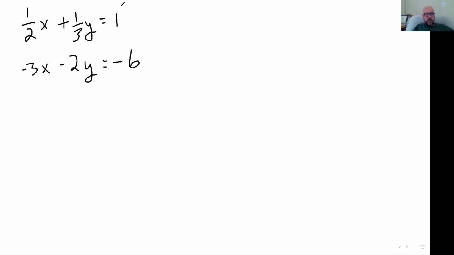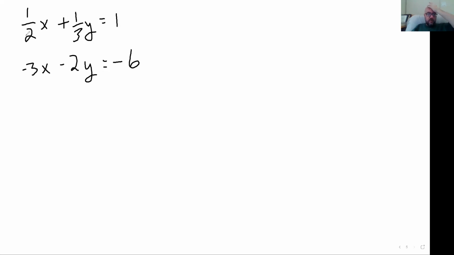Now, there's a few good options for what variable I would like to substitute for. But the first thing I want to do, I think, is get rid of the fractions. One of the nice things in systems of equations is they're equations, so you can multiply both sides of any equation by whatever you want, as long as it's the same thing on both sides. That's fine because you're doing the same thing to both sides, which doesn't change whether it's true or not.